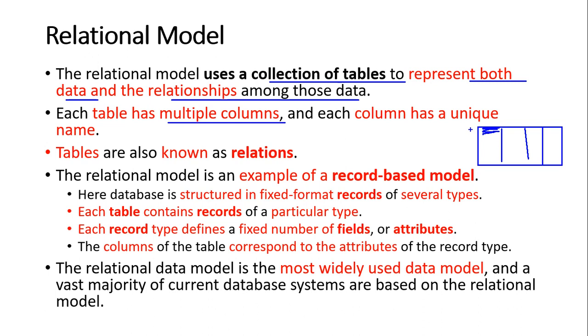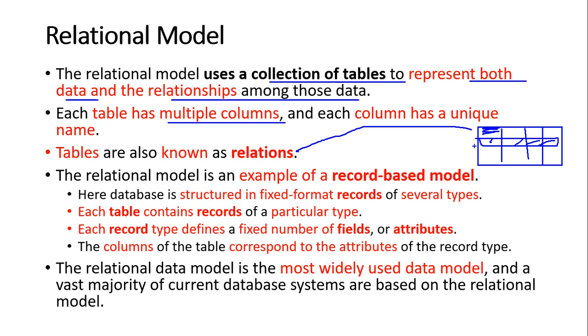This table is called the relation. There are several records, and records are also called tuples. Every record has a fixed format, so there is a fixed number of fields.